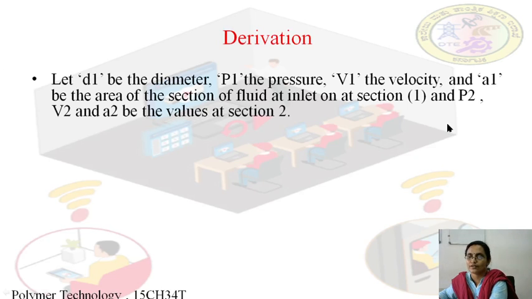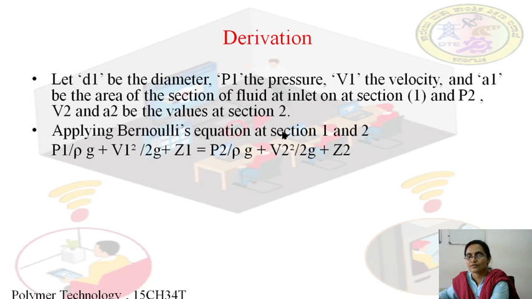According to Bernoulli's theorem, we are considering 2 points in the flow meter. Let D1 be the diameter, P1 pressure, V1 velocity, and A1 area of the fluid at inlet section 1, and P2, V2 and A2 are the values at section 2.